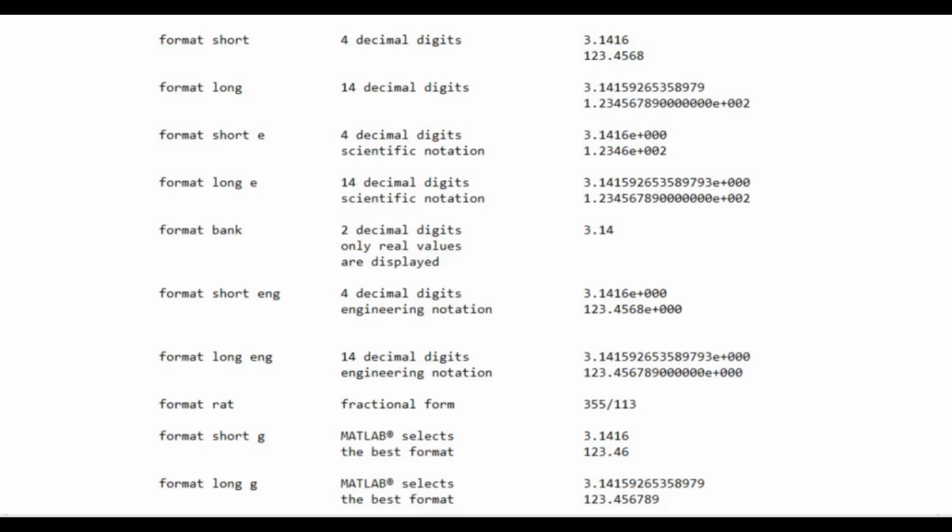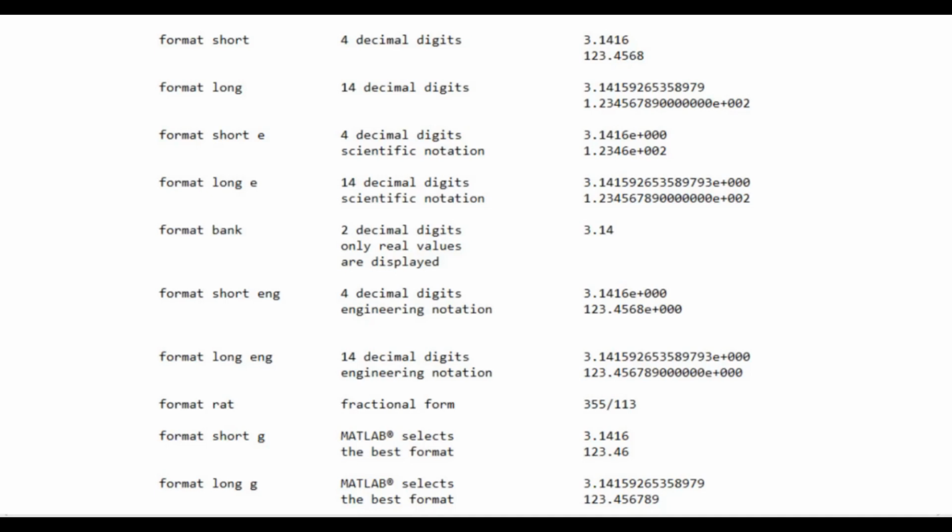With format bank, you get 2 decimal digits. Format short eng is 4 digits after the decimal with the exponential value, and here we have format long eng. Format rat is the fractional form of any answer. With format short g, MATLAB selects the best format according to your result and shows that output. So these are the important formats that you can use.